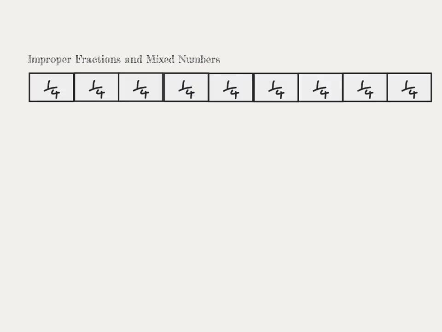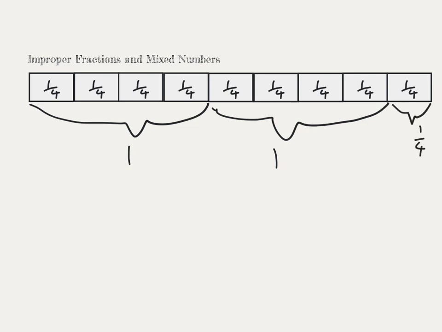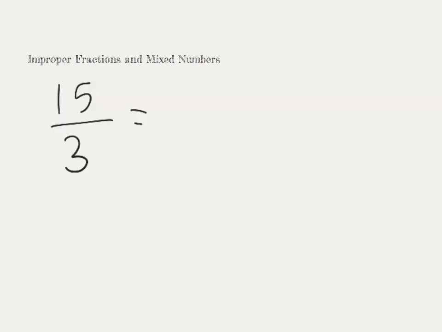What I've done is really I've divided it. So that's 1 whole, it's 4 quarters. That's 1 whole because it's 4 quarters. And that's 1 quarter. Work this out by using division. So I've got 15 thirds.